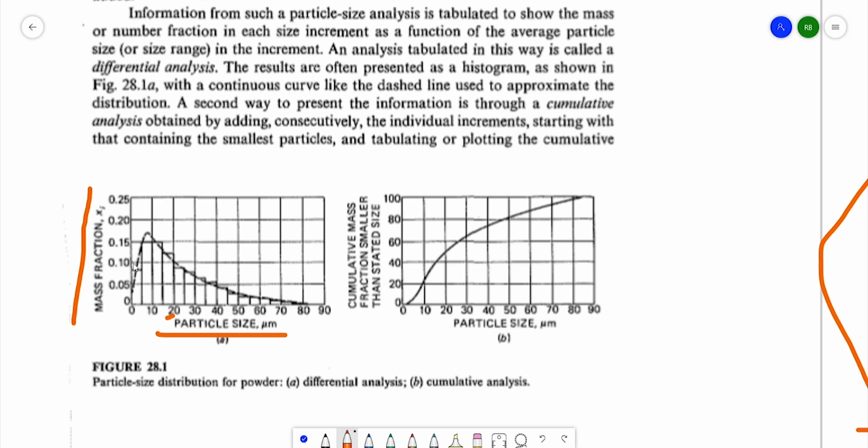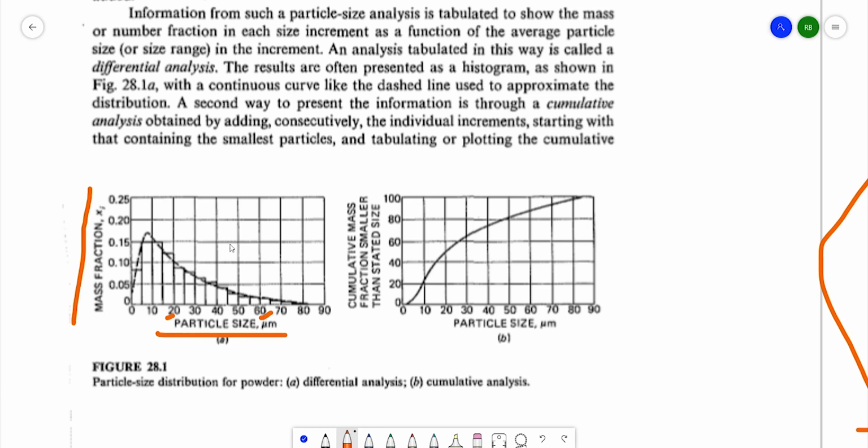From the mixture, 10% of the particles have a size of 20 micrometer. And what about 60? If you see here, it will be around 0.025, that is 2.5%. So 2.5% of the whole mixture will have a particle size of 60 micrometer. So this is the differential analysis.